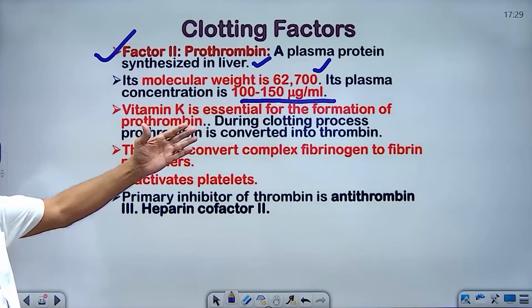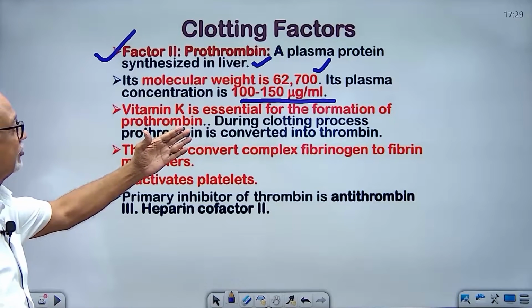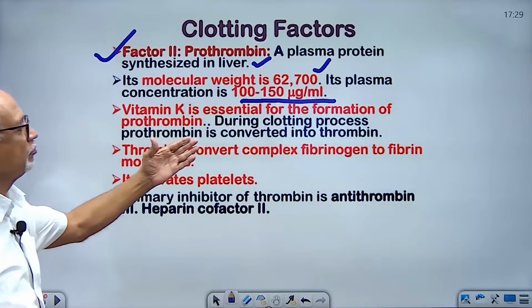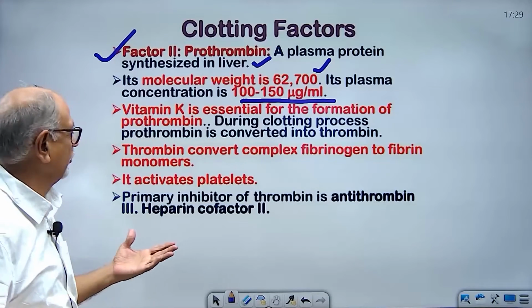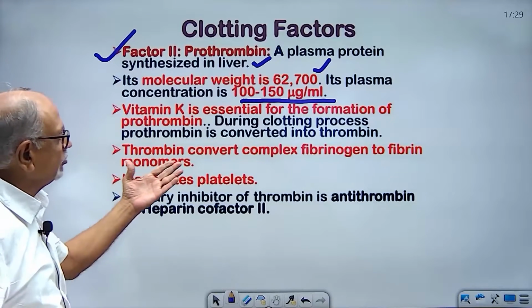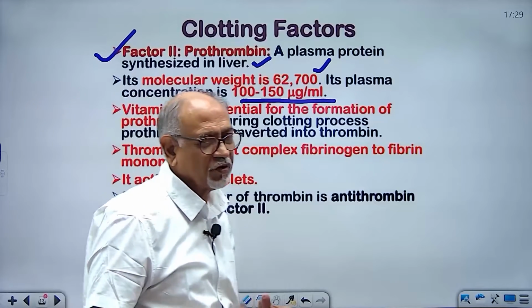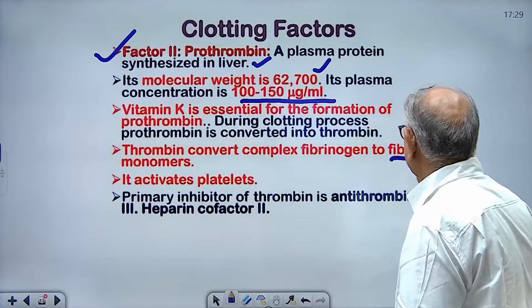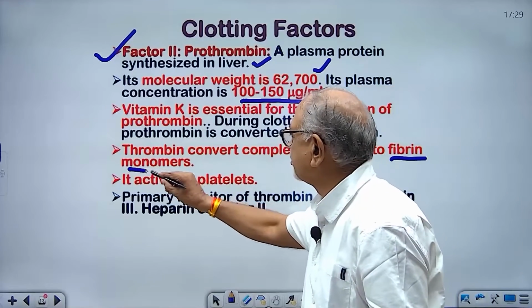Vitamin K is essential for the synthesis of prothrombin. During the clotting process, prothrombin is converted into thrombin. Thrombin converts the complex fibrinogen molecule into fibrin monomers.